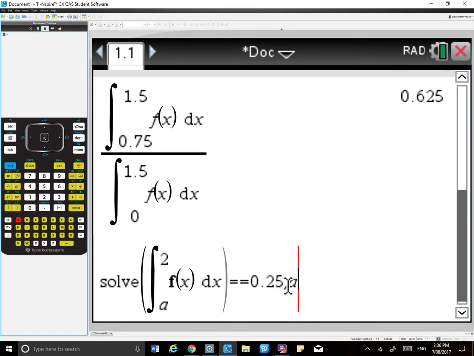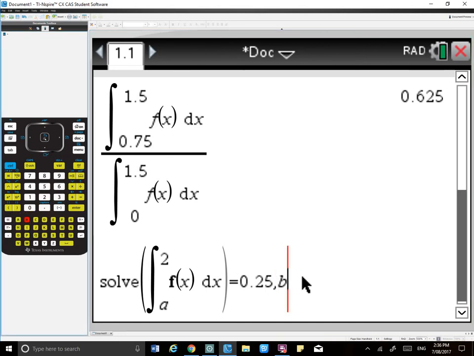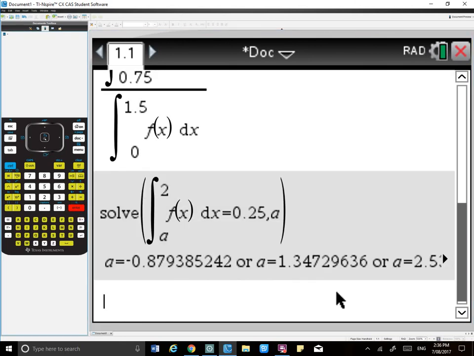I'm solving for a. Okay, a to 2 f(x), and that equals to a quarter. I'm solving for a. Then you have these answers, and you need to choose the correct one.